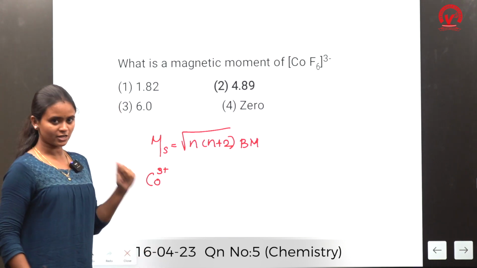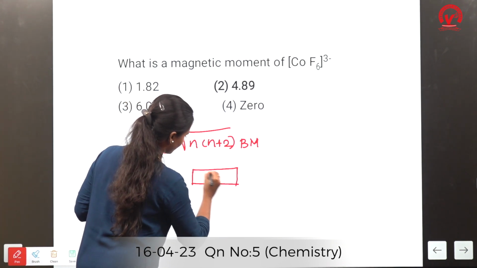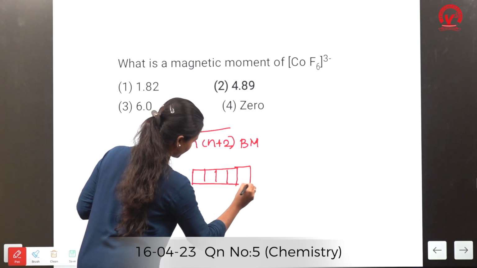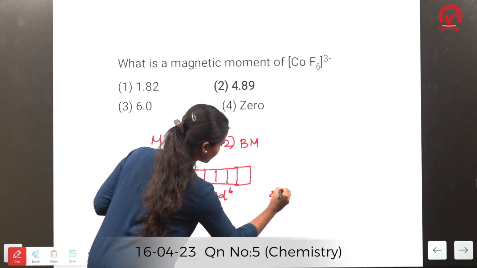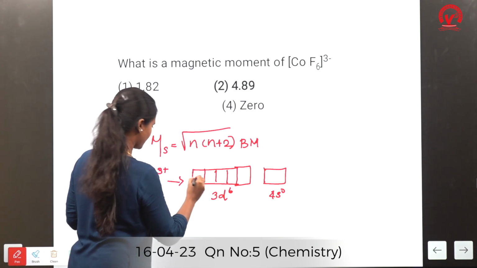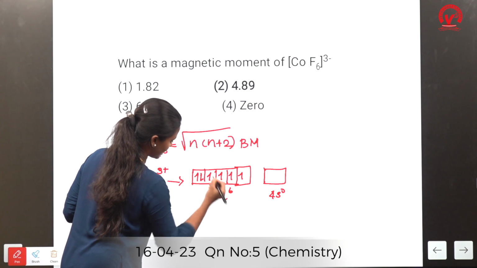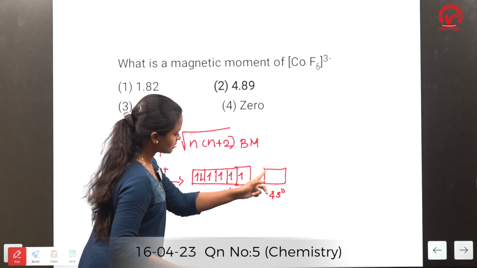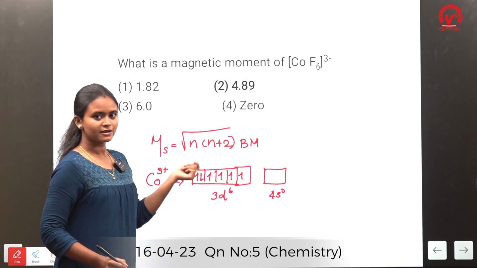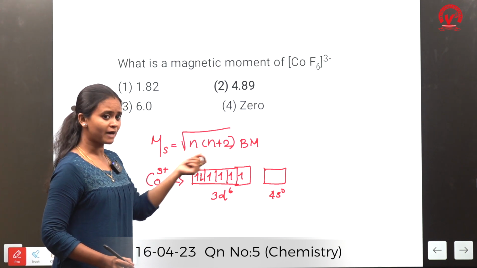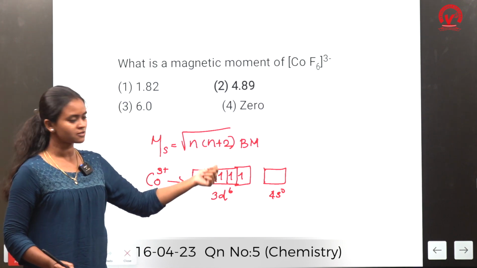Its outermost electronic configuration is 3d6 4s0. There are 6 electrons in the 3d orbital and no electrons in the s orbital. The fluorine ligand is a weak field ligand, so it cannot pair up the electrons. So the number of unpaired electrons in the central metal ion is 4.